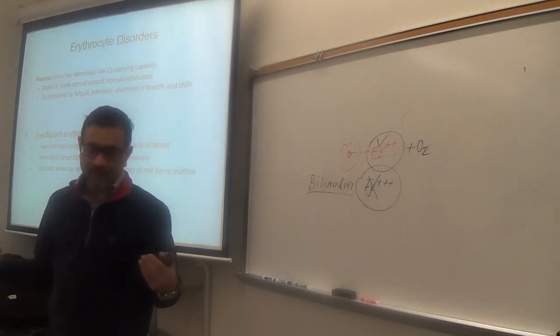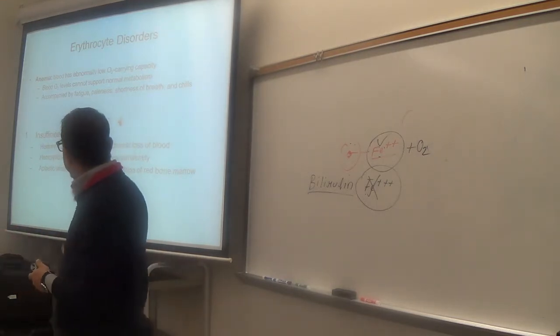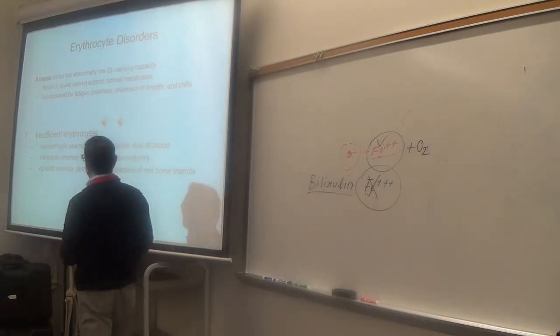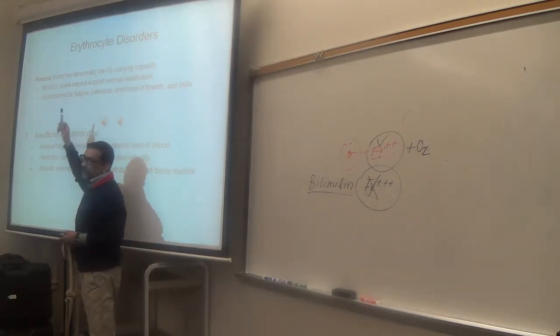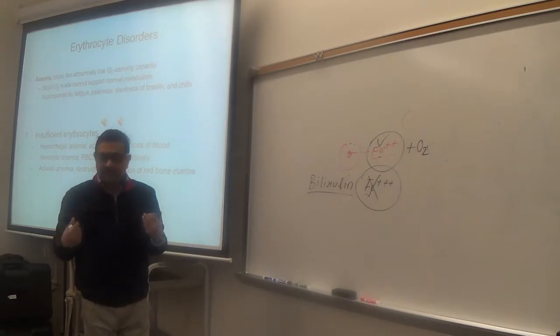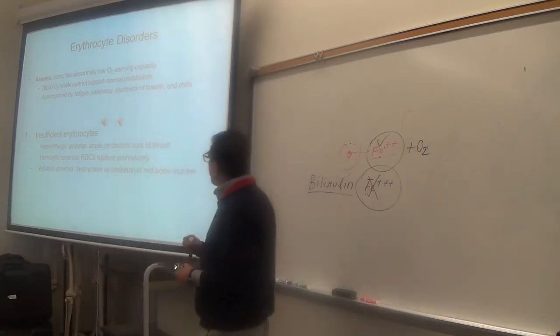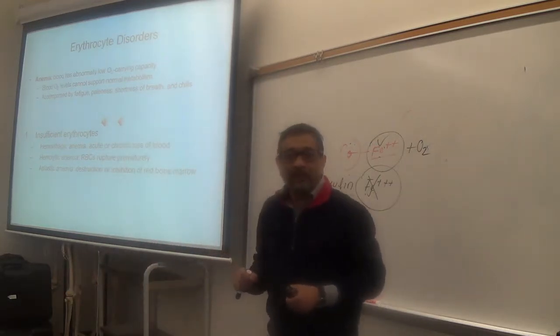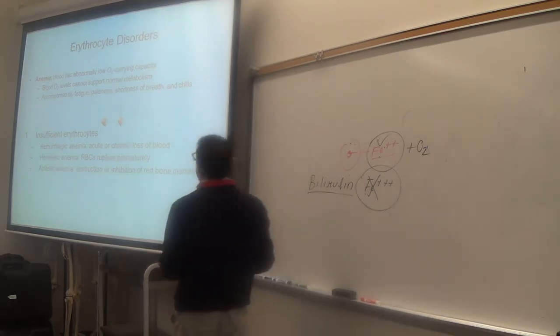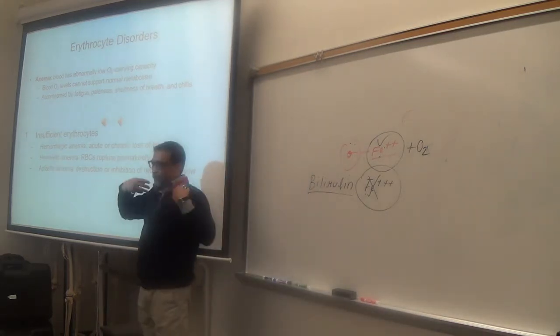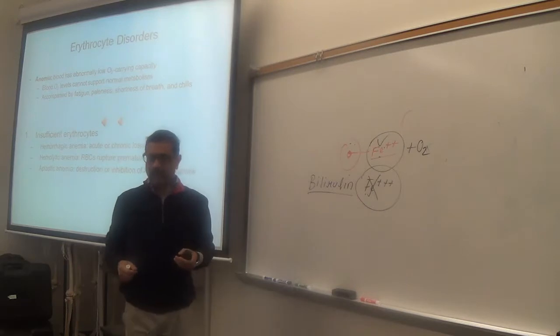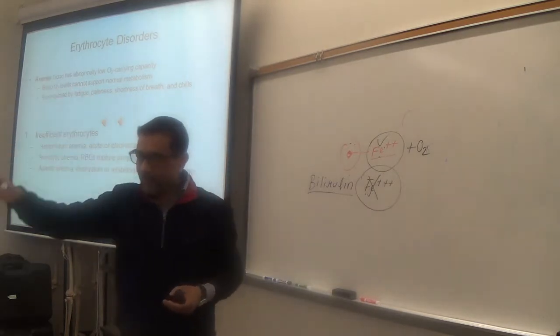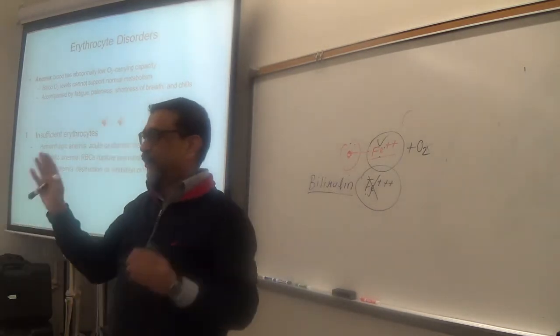Make sense? Because oxygen is needed for metabolism. And that will cause fatigue. The person will get tired easily, okay? And shortness of breath and chills, because metabolism also produces heat in the body. We know that. So if metabolism goes down, all those things will happen, right?